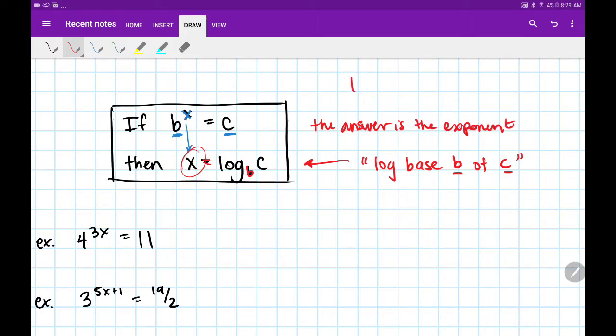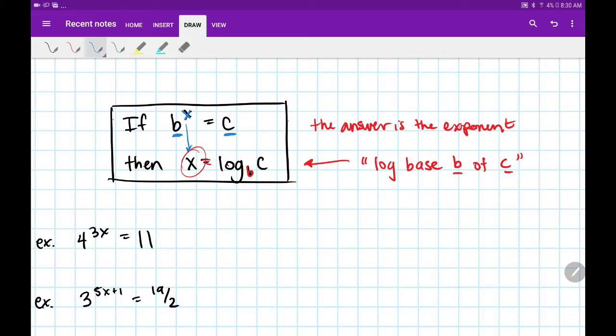So whenever you see something like log base 5 of 25 equals question mark, the answer to this log expression is the exponent. You would read it like this: a base of 5 to which power will give me 25? And then you'll see, oh, that all just equals 2, because the answer would be the exponent. So 5 squared gives me 25. Anyway, we'll look into that in a little bit.